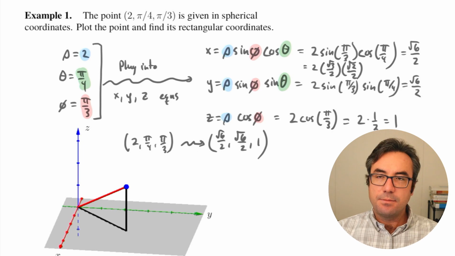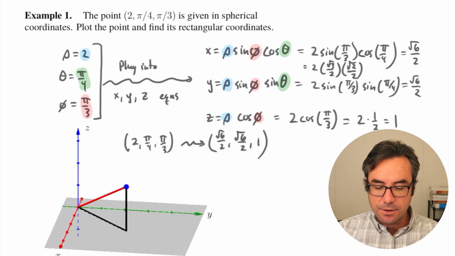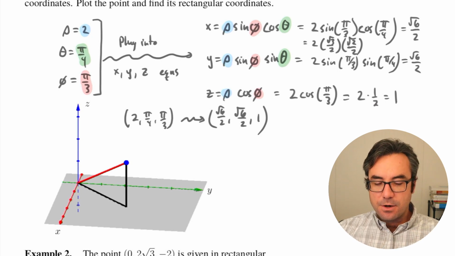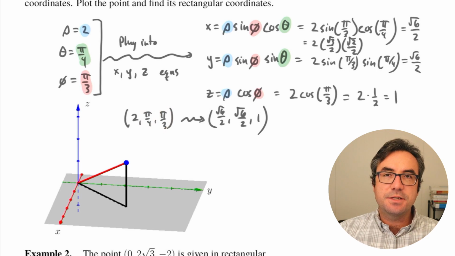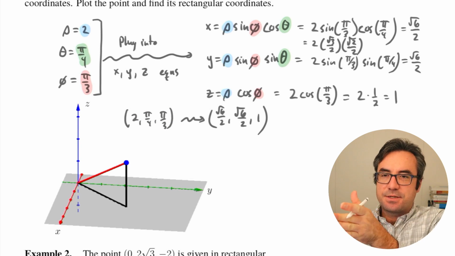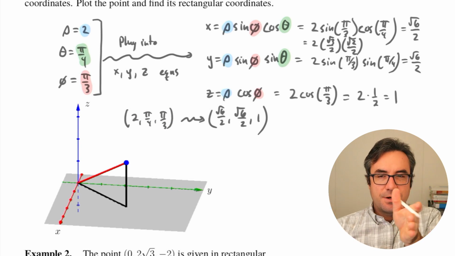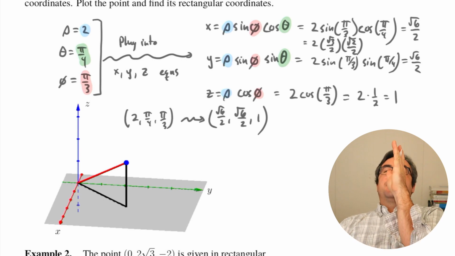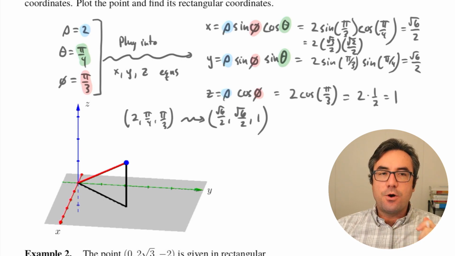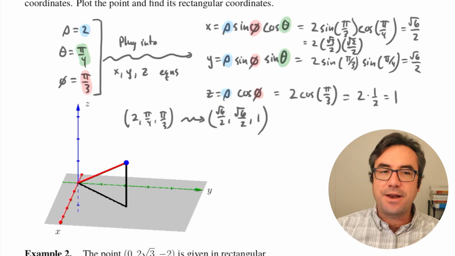And so we can plot that point in our regular XYZ space. And again, we want to think of rho and phi here as giving us information about the direction. So theta tells us kind of which direction to turn, and then phi is telling us how much to lean, and then rho is telling us how far to go in that direction.